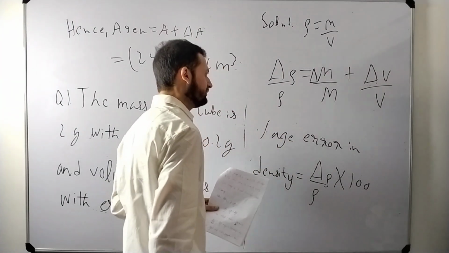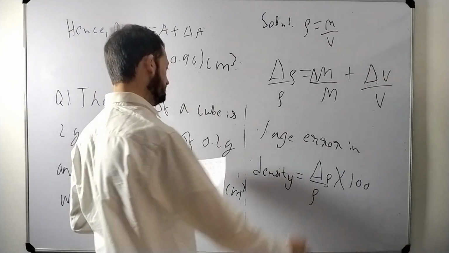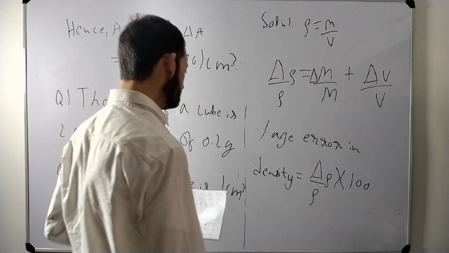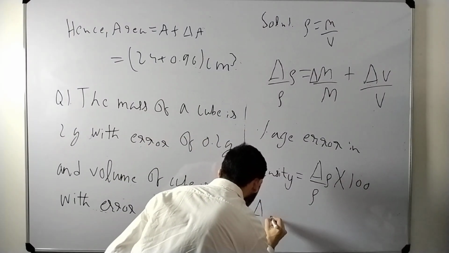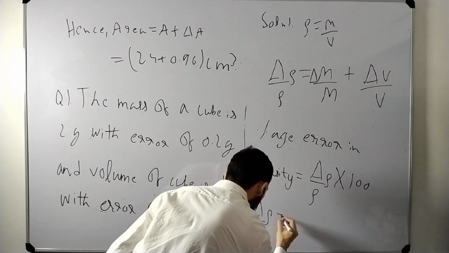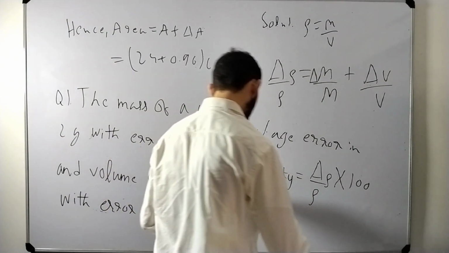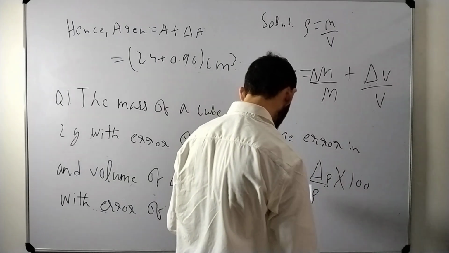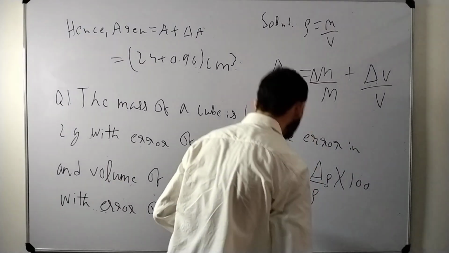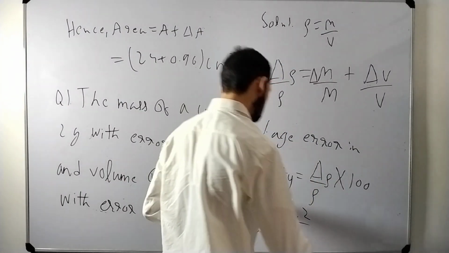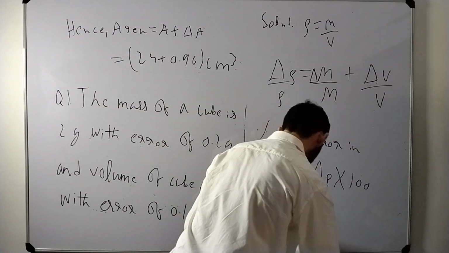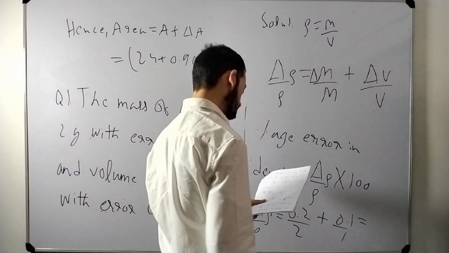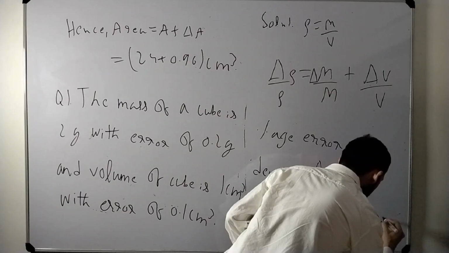So you calculate for now del rho upon rho, and this becomes 0.2, sir. This part becomes 2, so this becomes 0.1 upon 1, so this total becomes 0.2.